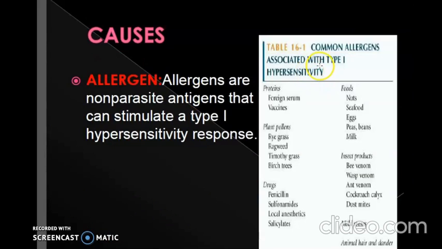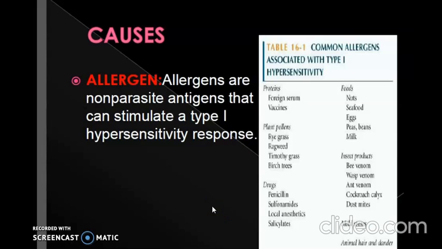The common allergens associated with type 1 hypersensitivity include foods like nuts, seafood, egg, peas, beans, milk, and certain vaccines and foreign serum, and plant pollens of ryegrass, ragweed, timothy grass, bush trees, and insect products like bee venom, wasp venom, ant venom, dust mites, and drugs like penicillin, sulfonamides, local anesthetics, salicylates.